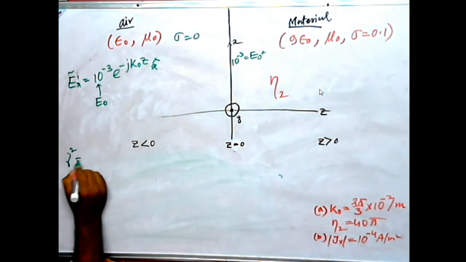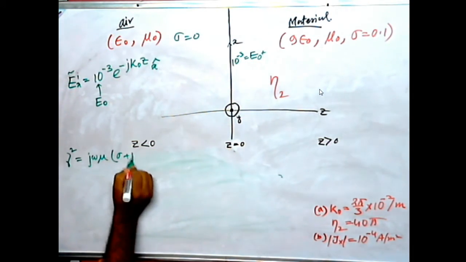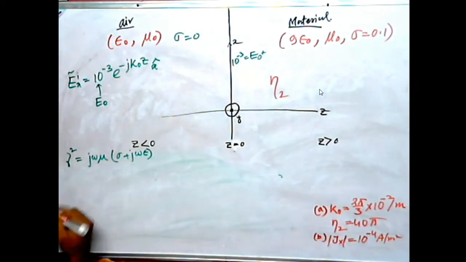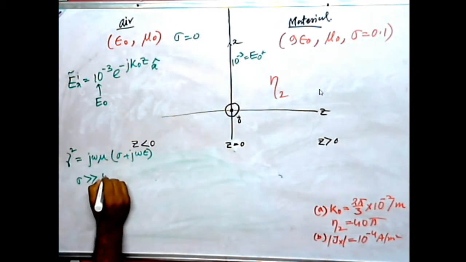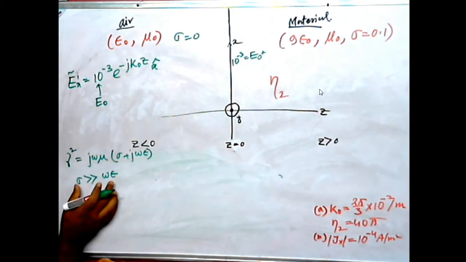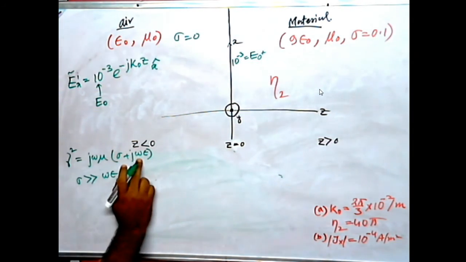Gamma squared is basically j omega mu into sigma plus j omega epsilon. If sigma is very much greater than omega epsilon, that is a very good conductor, this is the condition for a good conductor, then you can neglect this part.